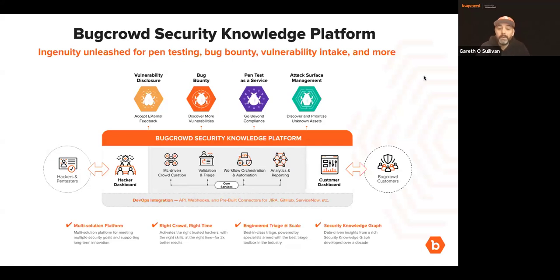We've got a range of workflow orchestration and automation capabilities. That's anything from connectors for Jira, ServiceNow, and Slack integrations for alerting, and so on.